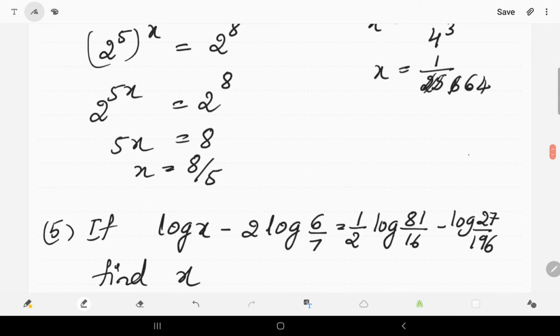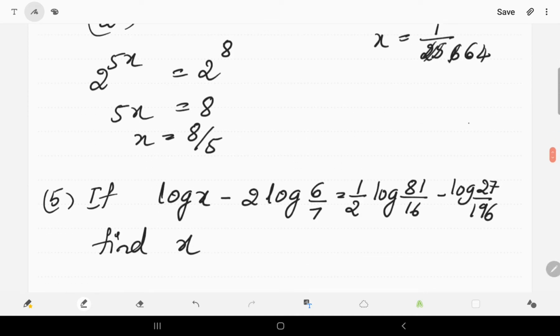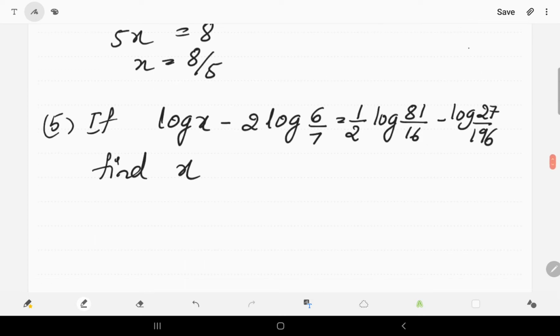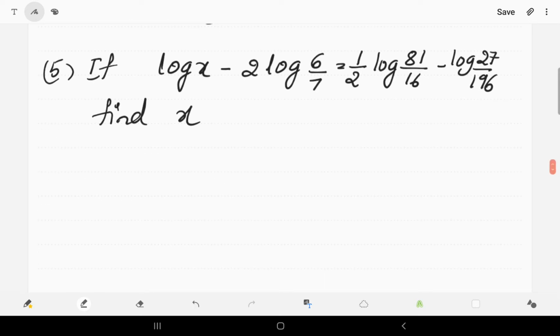Next one, if log of x minus 2 log 6 by 7 is equal to 1 by 2 log 81 by 16 minus log of 27 by 196. Find x. Here the base is not denoted, means it is a common base, that is base 10. Okay, find x.